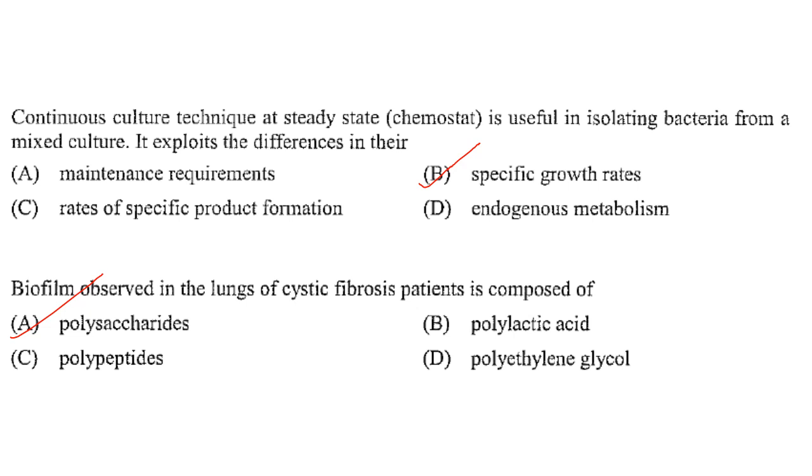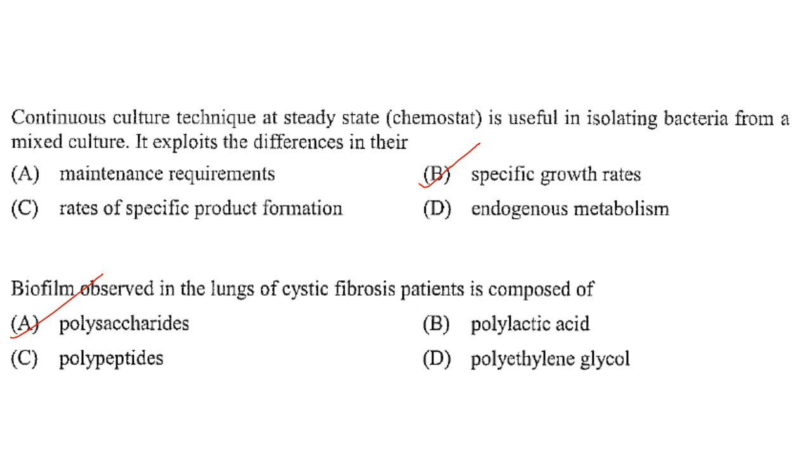So coming to the first question. Continuous culture techniques at steady state, that is in chemostat, is useful in isolating bacteria from a mixed culture. Yes, that's correct. It exploits the difference in their specific growth rates. In continuous culture techniques, the growth rate of the microorganism is limited by the availability of nutrient, and this allows for the selection and isolation of different microorganisms with different growth rates.